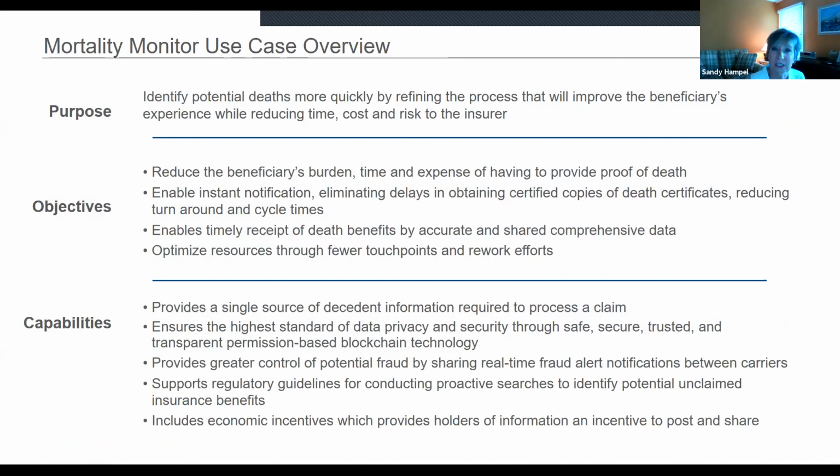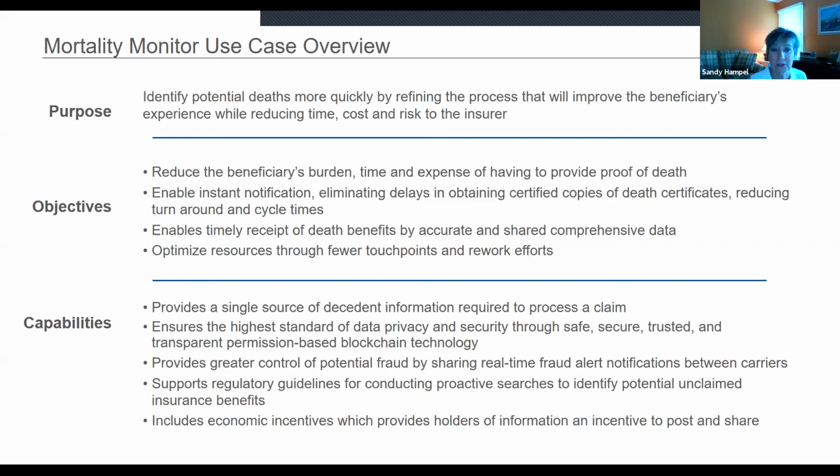And our key objectives here with this use case is to reduce the beneficiary's burden, time, and expense of having to provide that death benefit or proving the death of an individual. It enables the instant notification, eliminating any delays in obtaining certified copies of deaths, reducing the turnaround time and cycle times for carriers.